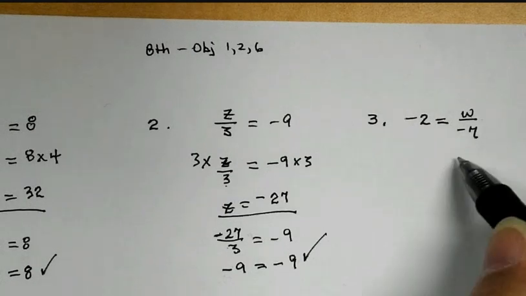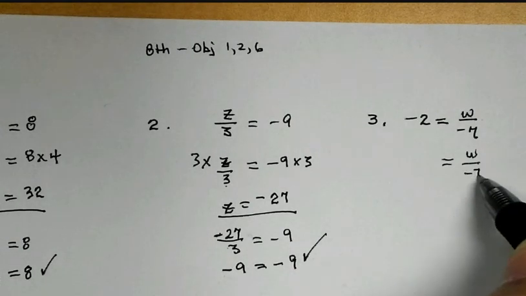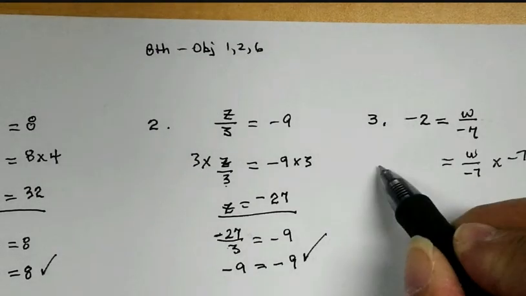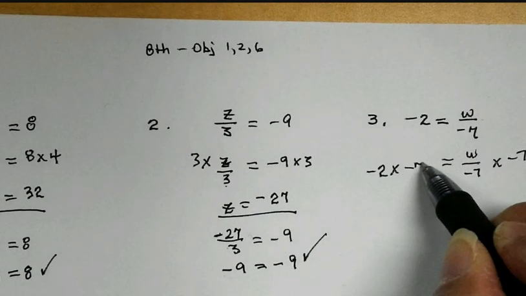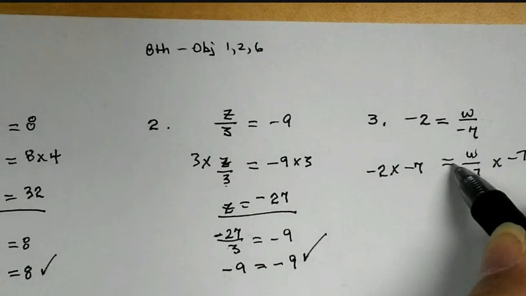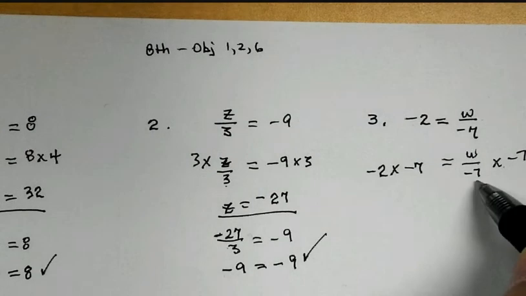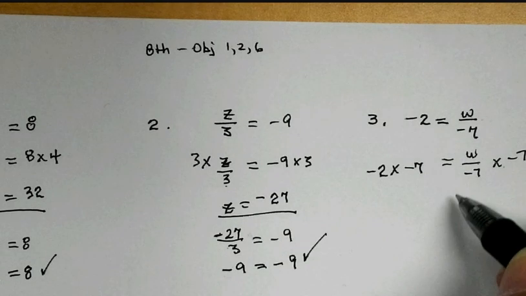Now, remember that if we multiply the right side by a negative 7, we have to multiply the left side by a negative 7, because this is an equation, and what you do to one side you have to do to the other side. Now, why are we multiplying by negative 7? That's to eliminate the division by negative 7.